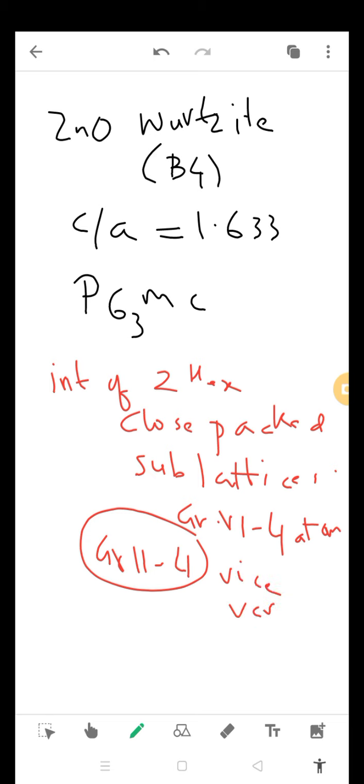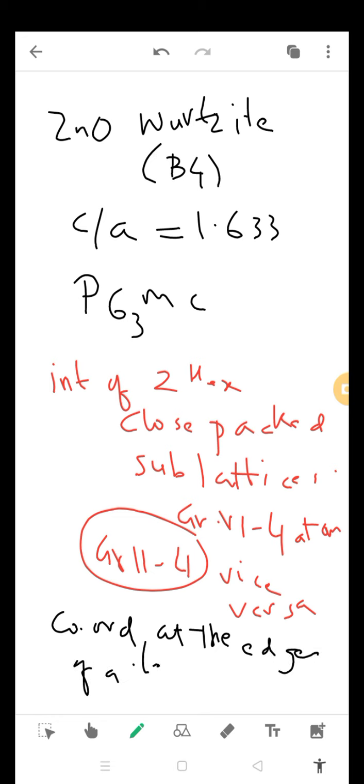It's not only that oxygen is outside and zinc inside; it can so happen that oxygen is inside and zinc outside. These are all coordinated at the corners of a tetrahedron.